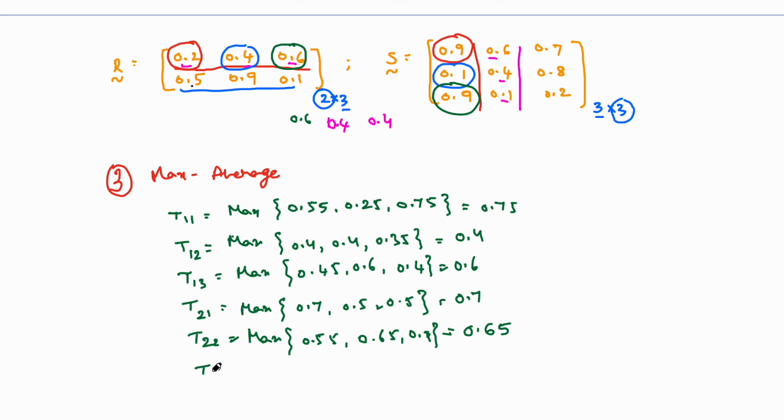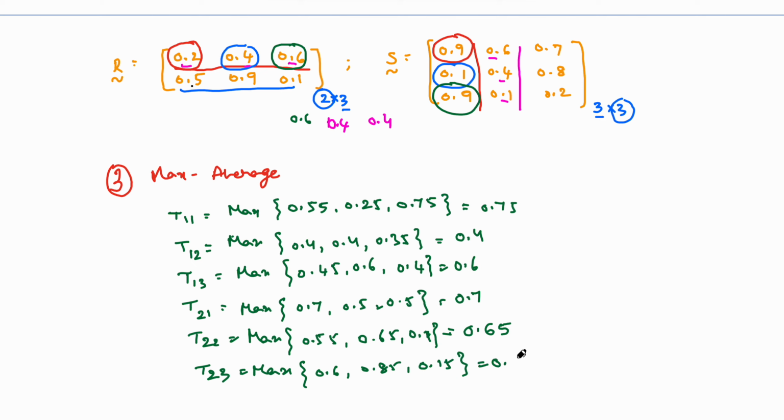Next, T23 is the maximum of 0.5 and 0.7, it is 1.2, so it should be 0.6, and 0.9 and 0.8 is 1.7, it should be 0.85, and 0.1 and 0.2 is 0.15.